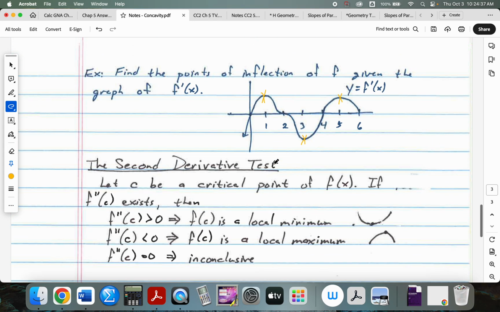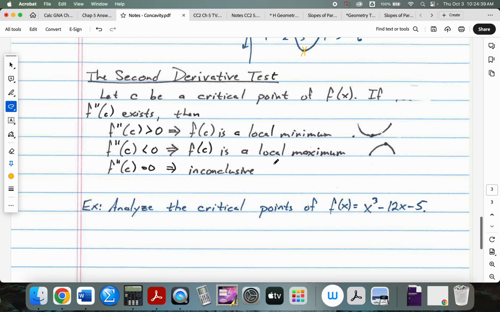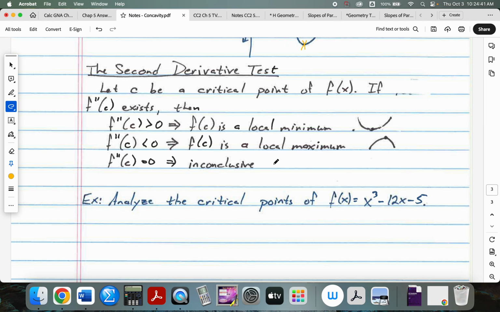All right, I apologize. Just real quickly, the second derivative test, which is for local extrema. You find a critical point just like normal, and then if the second derivative is positive, which means the function must have been concave up, you've got a local minimum.